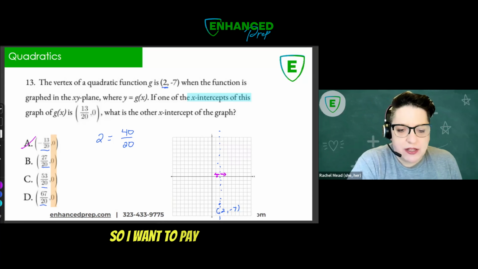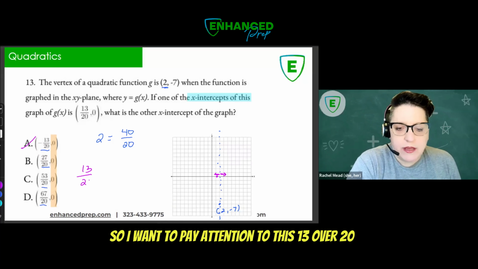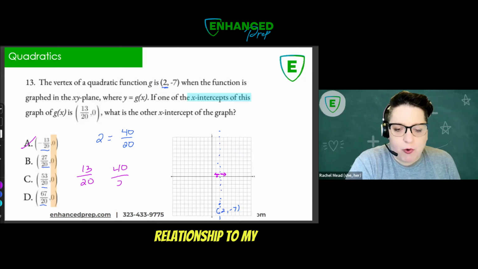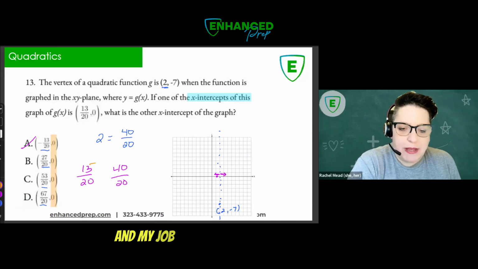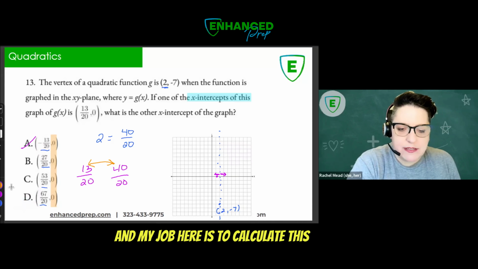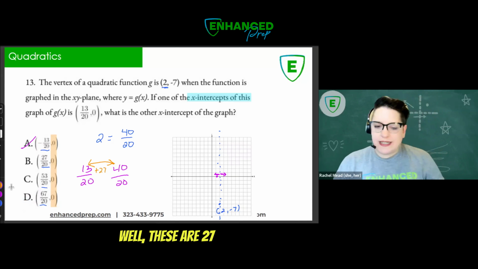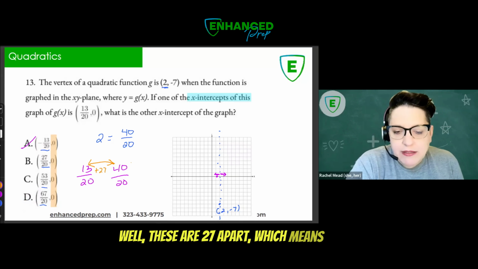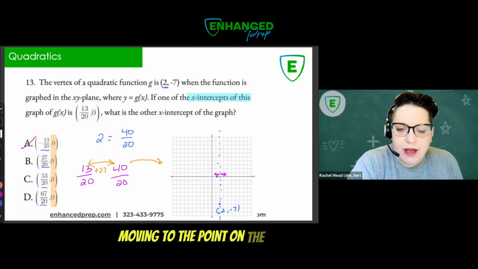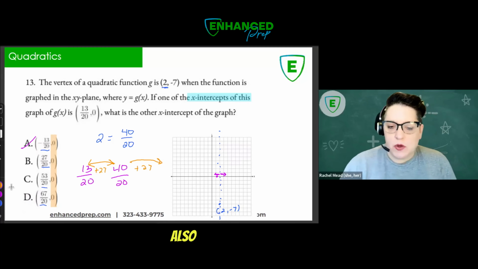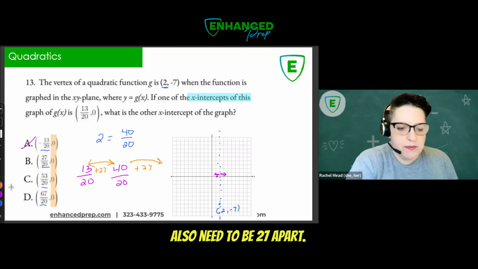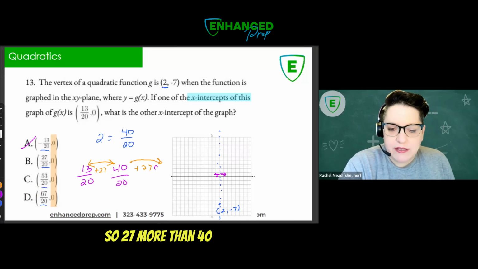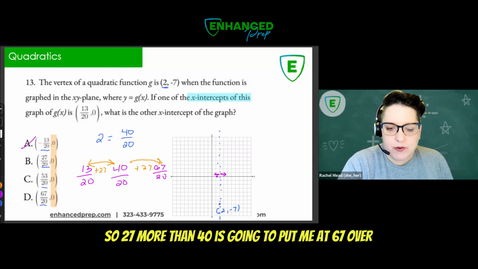So I want to pay attention to this 13/20 in relationship to my 40/20, and my job here is to calculate this distance. Well, these are 27 apart, which means as I'm moving to the point on the other side, these also need to be 27 apart. So 27 more than 40 is going to put me at 67/20.